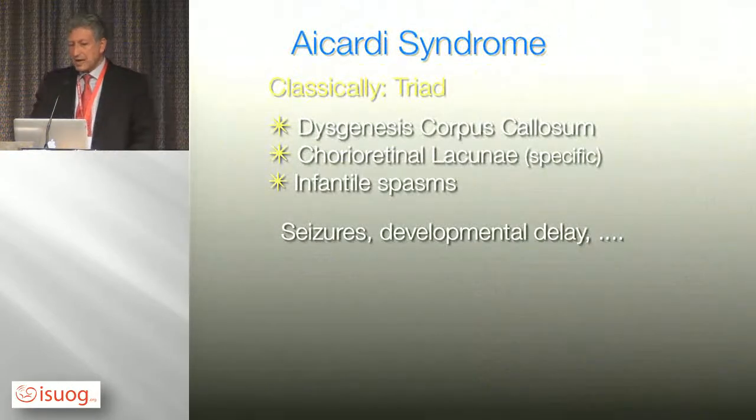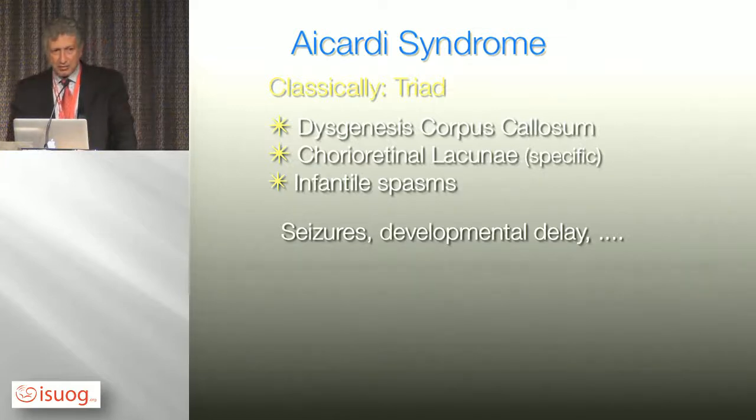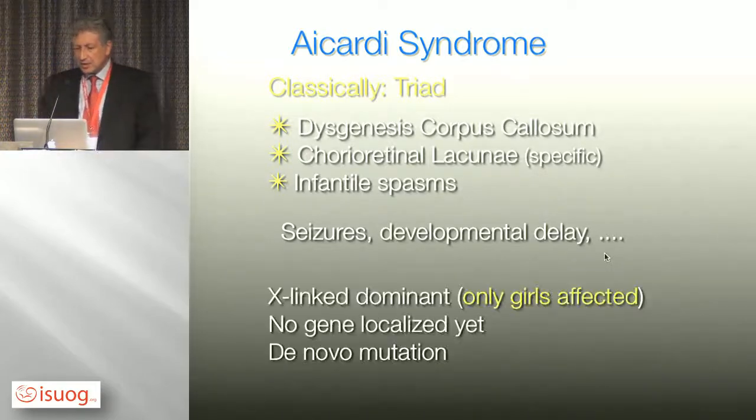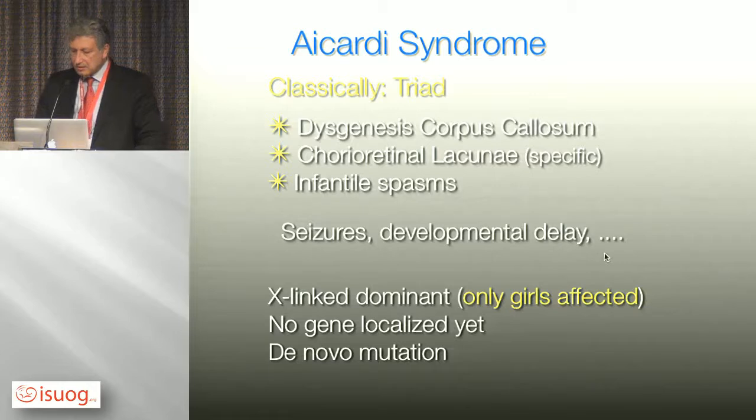Actually, it was in the past classically the triad of dysgenesis, that means agenesis or partial agenesis, plus chorioretinal lacunae seen only by ophthalmologists after birth, and infantile spasms. Seizure, developmental delay, and actually it's a severe handicap. It is only observed in girls because in males it may be or is lethal.